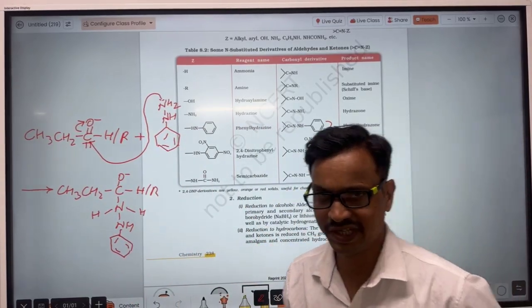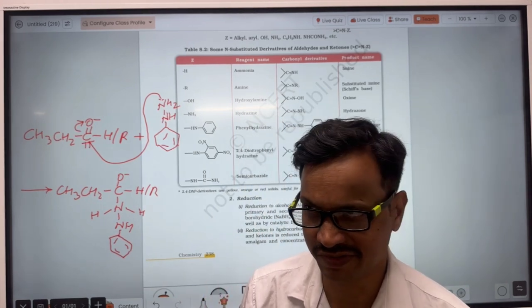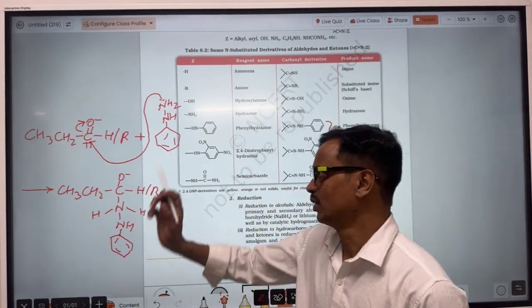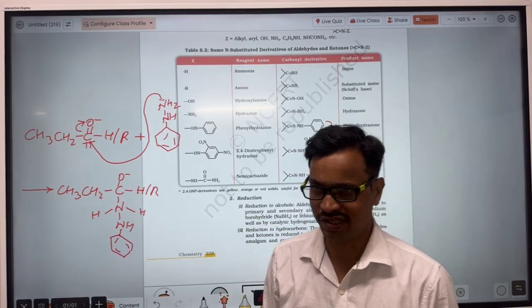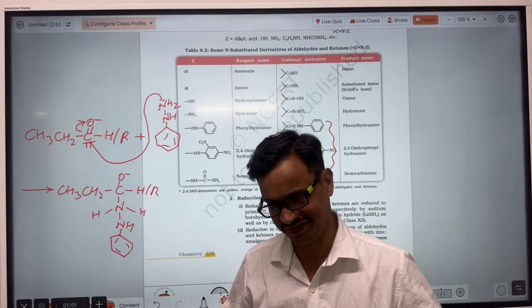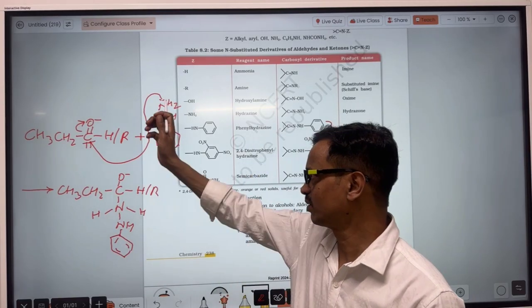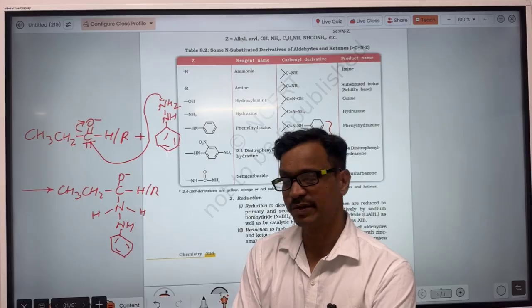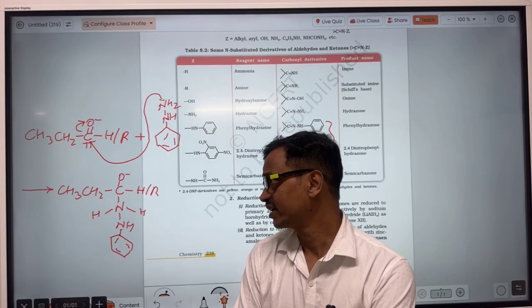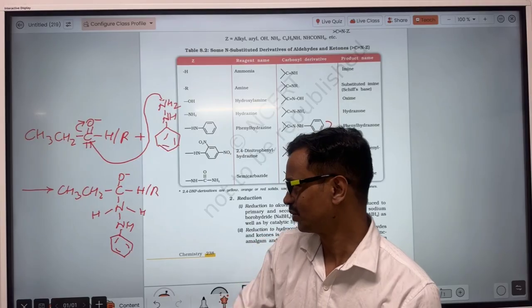Then here, same as in the earlier case. Since this nitrogen has a lone pair of electrons, meaning 2 non-bonded electrons, this nitrogen will give 1 non-bonded electron to the carbon, and through the other non-bonded electron it will form a bond. So the nitrogen loses 1 electron, as it has donated that electron to the carbon, and the carbon has gained 1 electron.